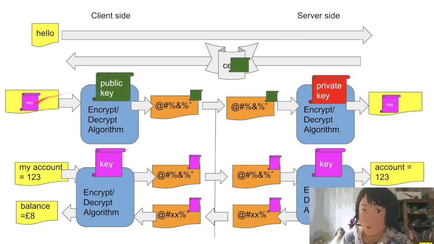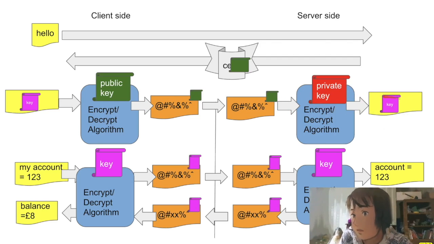The green key encrypts this key and the message is sent to the server side. This message is the encrypted pink key, and the server side decrypts it and gets the pink key, which is the password you shared with Alex in the example I showed you.